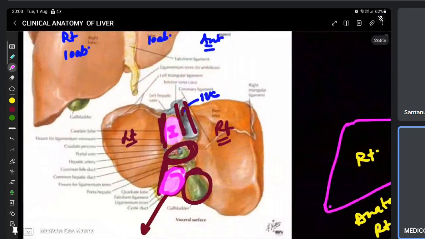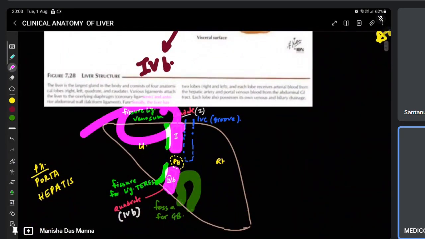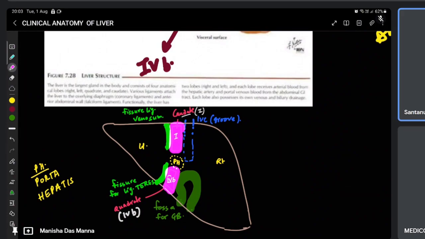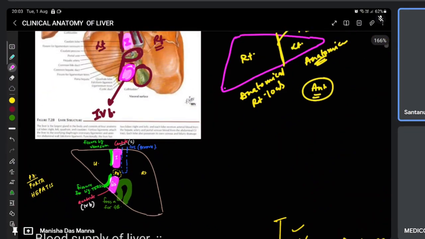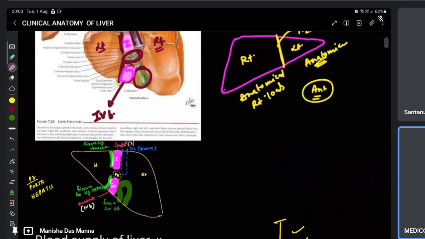This is the ligamentum venosum, and this is the ligamentum teres. Clear? They play an important role in fetal circulation, but in adult circulation they have no role. That's why they are remnant structures, appearing like this.